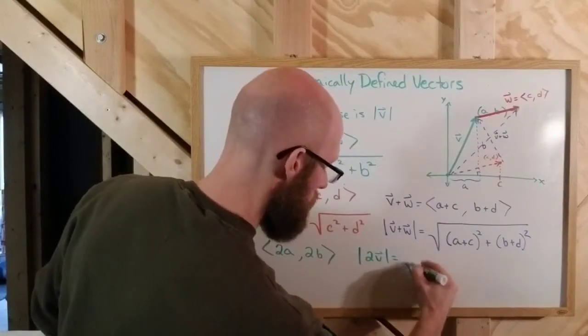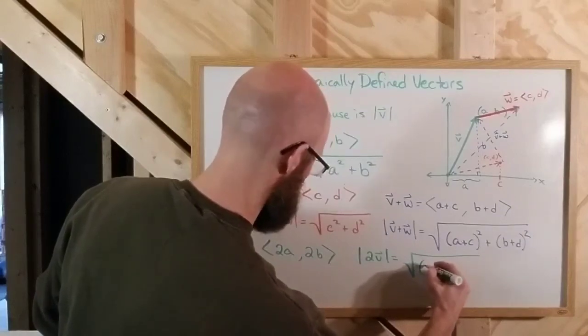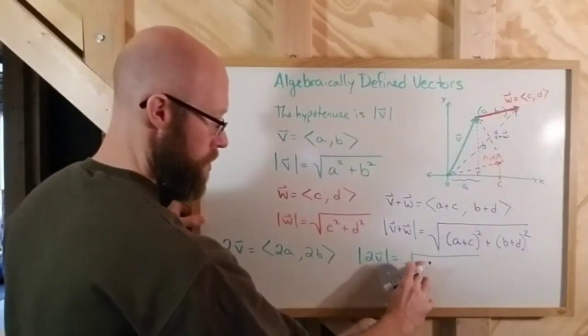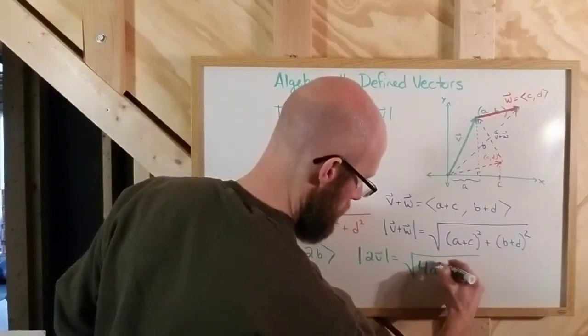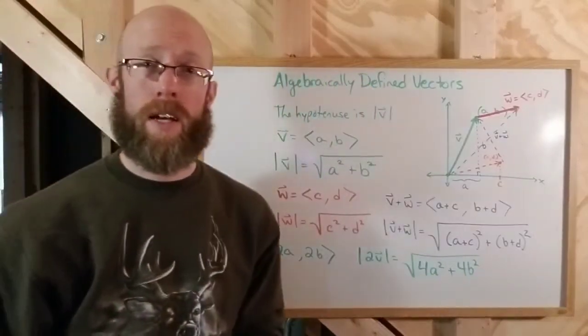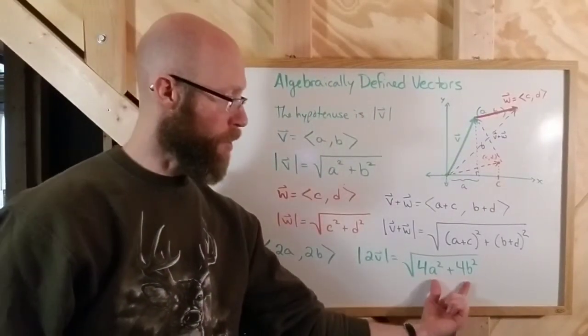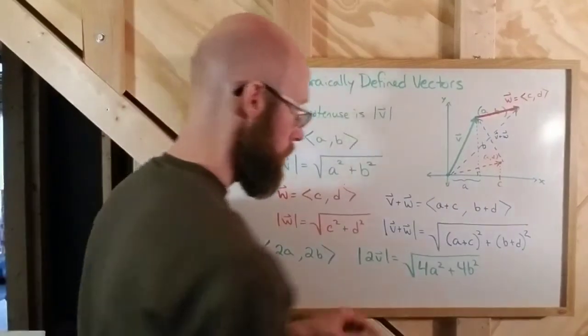would then be the square root of, let's see, if you square each of those components, you end up with 4a squared plus 4b squared, right? Well, what's nice about that quantity is it has a common factor of 4 that you could pull out.